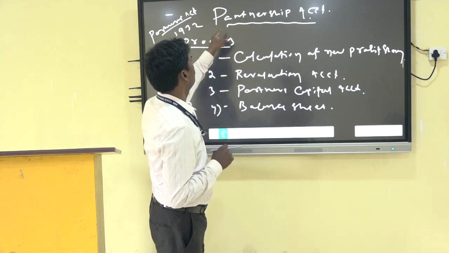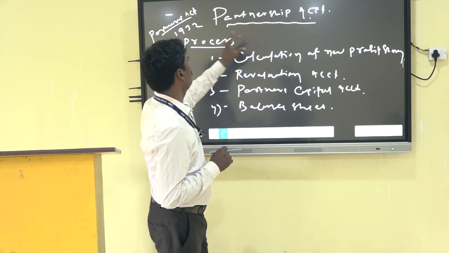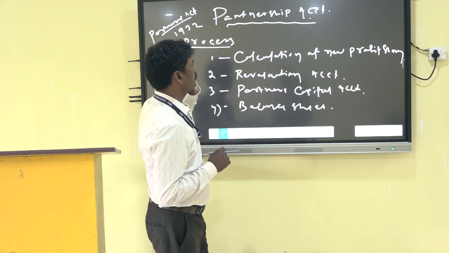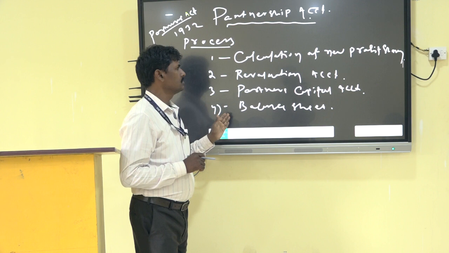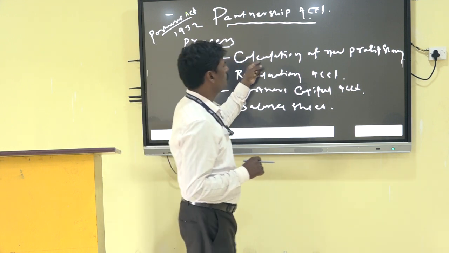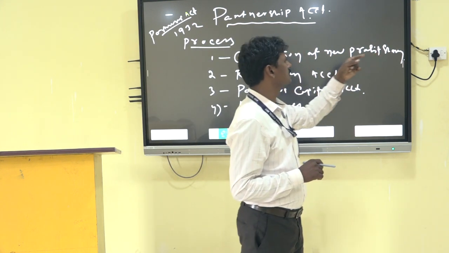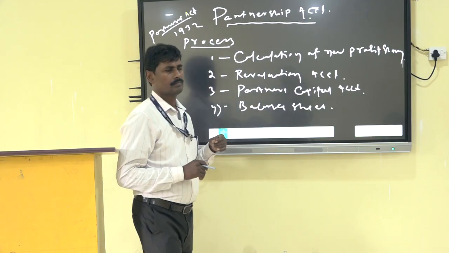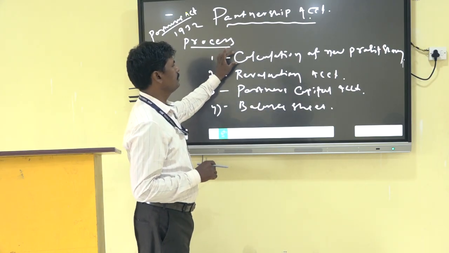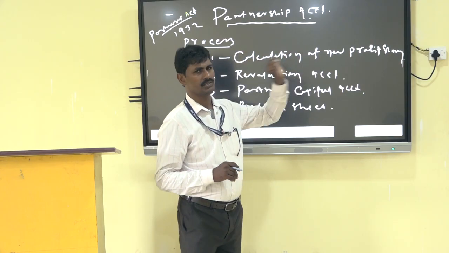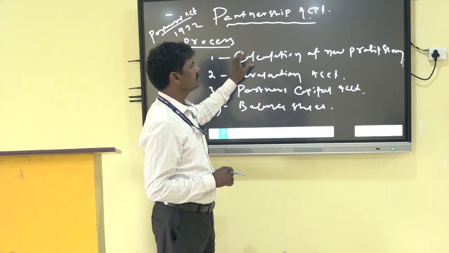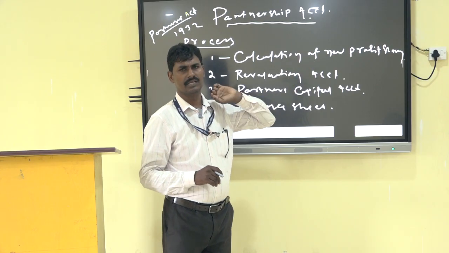First of all, in partnership account, various types of procedure will be followed during preparation of books of accounts in the firm. First, we will do the calculation of the new profit sharing ratio.